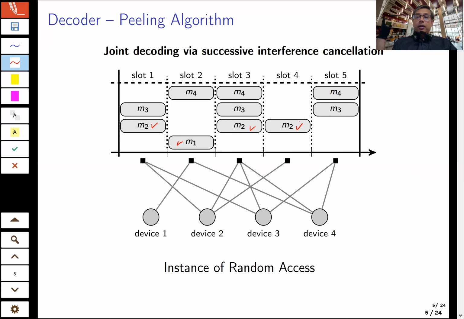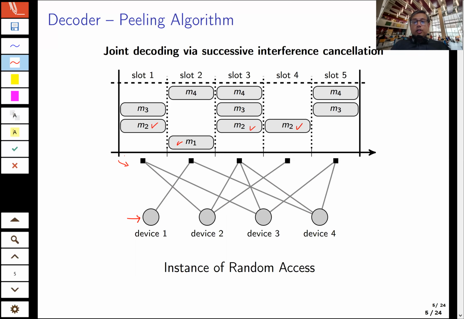And Leva and his co-authors came up with this very nice idea of trying to decode users in the presence of collisions by making a connection to decoding of codes on graphs. So for example, we can think of this multiple access problem in terms of a bipartite graph. We can think of a graph where we have variable nodes, which are the devices that are transmitting, and we have check nodes, which represent the slots where they have transmitted.